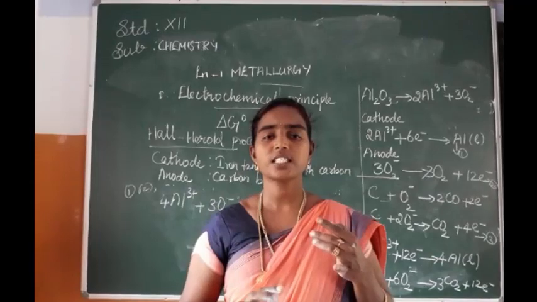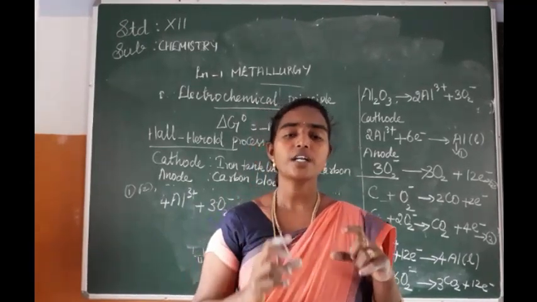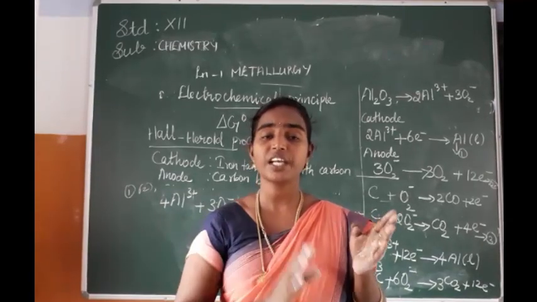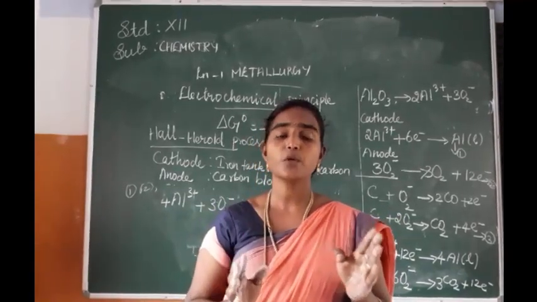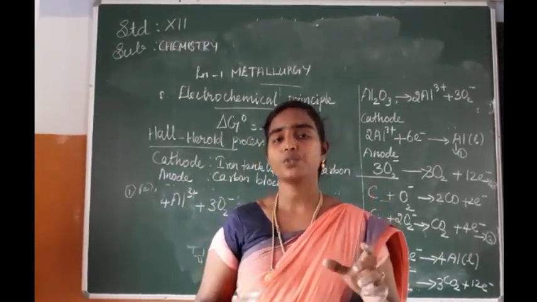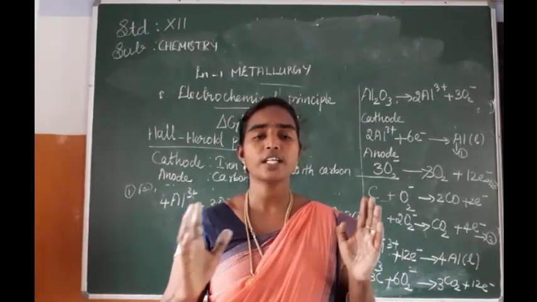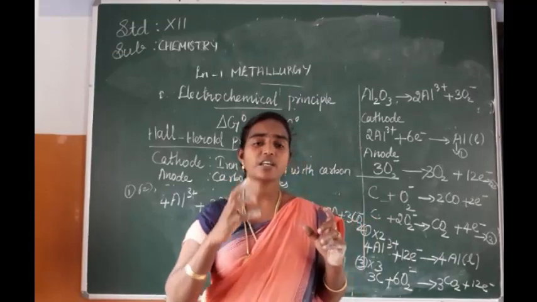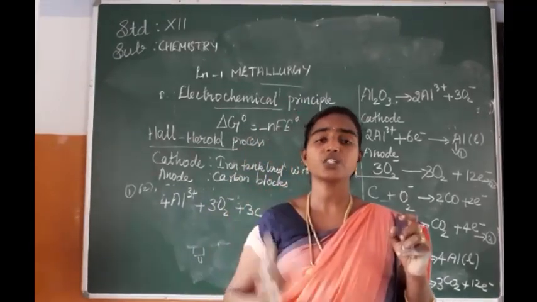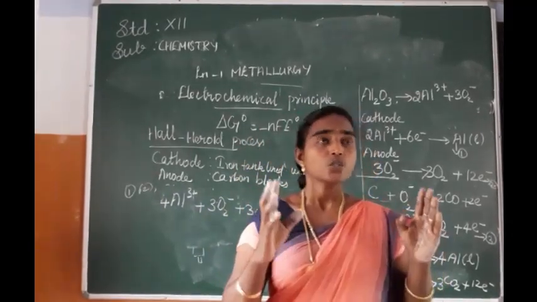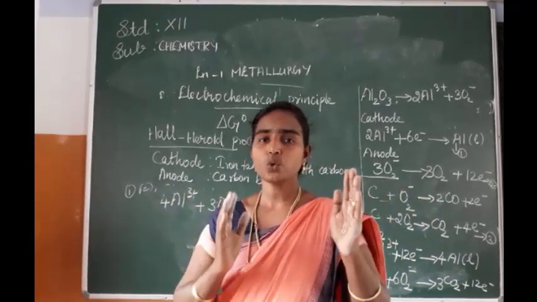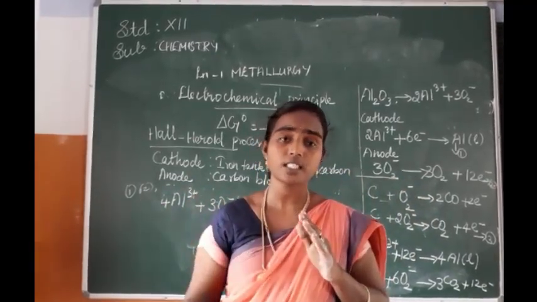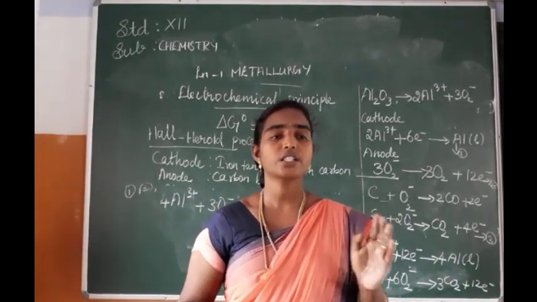You can study as it is, but give importance to the key points I have already said. The Mond process for the refining of nickel is also a book back question. As it is you have to study. There is no need for short answers. It is only five or six lines, but give importance to the equations. So zone refining and the Mond process are book back questions. We have to study others also, but give importance to these.